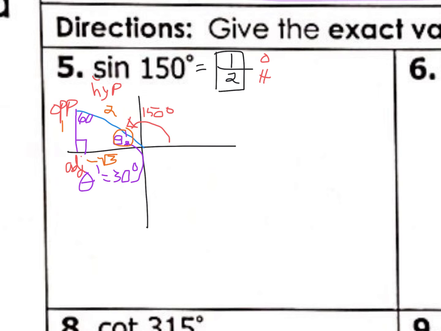Everything else is negative. In quadrant 3, only tangent and its reciprocal are positive. The rest are negative. And in quadrant 4, for calculus, cosine is the only one that's positive with its reciprocal function. Everything else is negative. So because we're in quadrant 2, which is sine, it does make sense that sine is positive because that's students, right? All right, so we're done with that one.